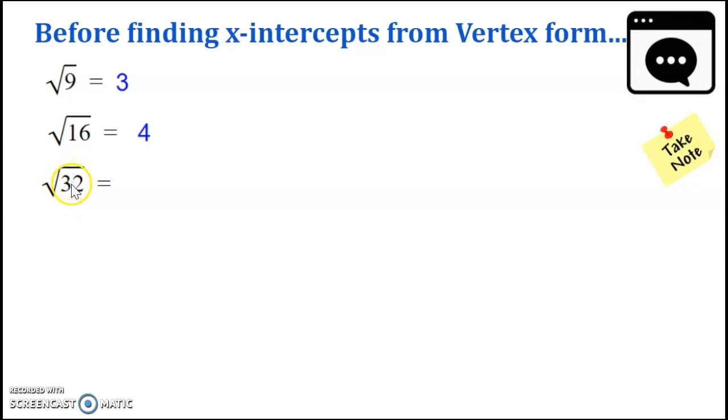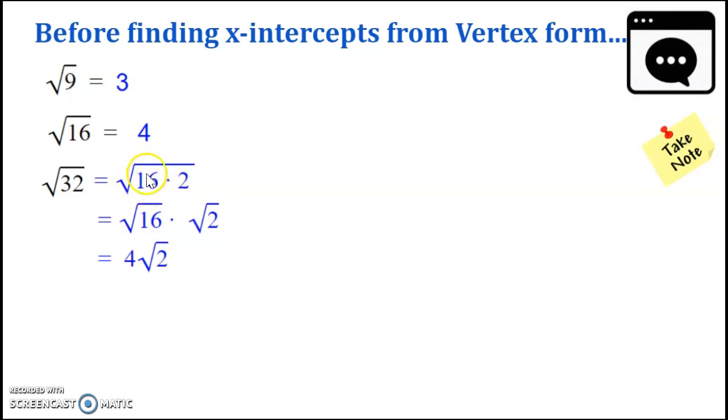What about the square root of 32? Well, this is not a perfect square, so it's not going to be a whole number, but we can break the square root of 32 as 16 times 2, and I chose 16, not 4 and 8, though I could have chosen 4 and 8 too and then gone further, because I'm looking for a perfect square number to factor into.